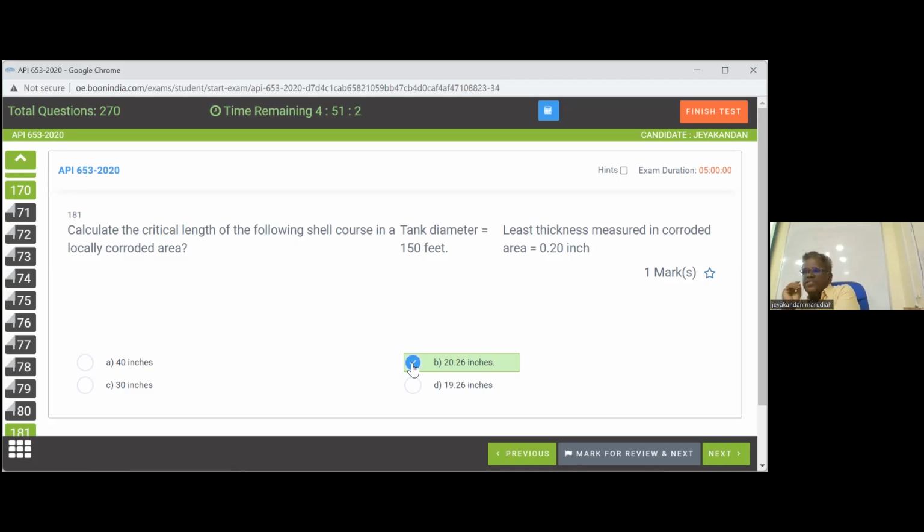See, don't put 3.7 first. You have to first find the square root of 150 multiplied by 0.2. Then we have to multiply by 3.7. You will get the answer 20.26.